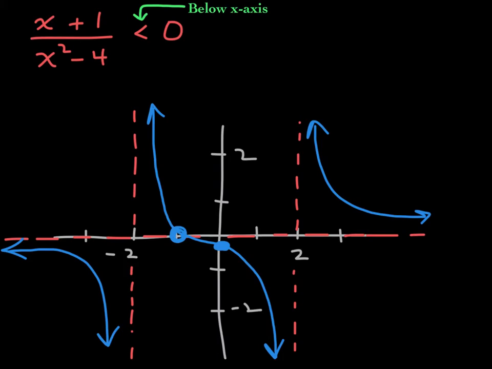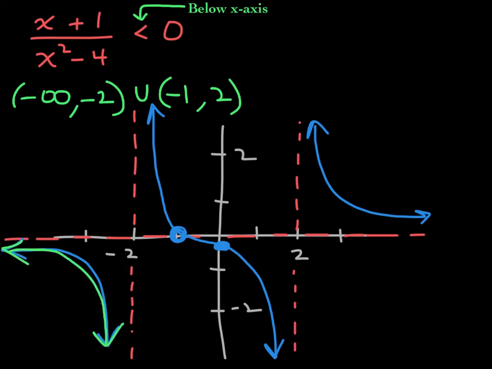So then the answer in interval notation would be from negative infinity to negative 2, parenthesis, union from negative 1 to positive 2. I can highlight this for you on the graph. It'll be from negative infinity all the way to negative 2, and then again from negative 1 to positive 2.